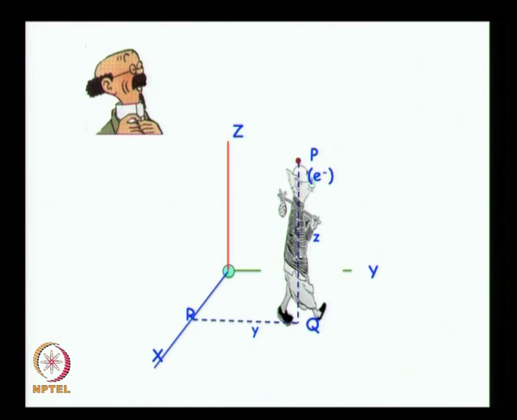From his feet, you can draw a perpendicular onto the x axis, and this distance you will denote as the y coordinate, and then this point is at a distance x from the origin. So these are the Cartesian coordinates x, y, and z. This is how the Cartesian coordinates are defined.